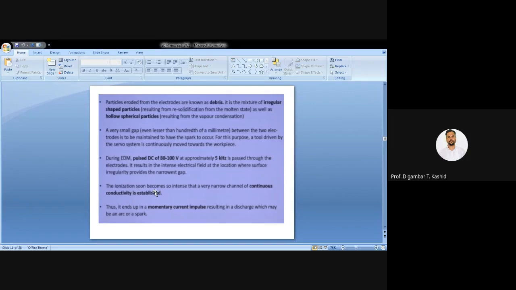For this purpose you have to move your tool towards the workpiece. The tool is driven by a system called the servo system, which continually moves your tool towards the workpiece. So the tool is fed towards the workpiece by using the servo system.